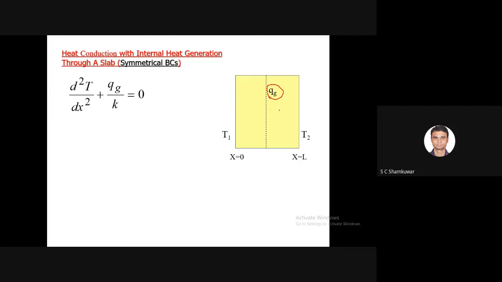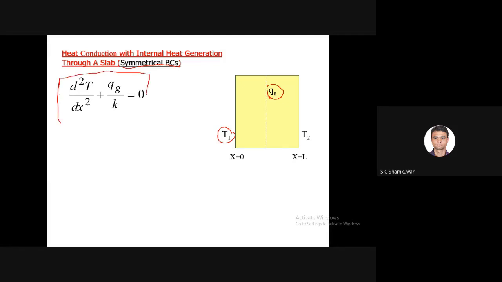Now here internal heat is generated. That is qg. Now we are taking a symmetrical boundary condition, means the temperature remains the same, T1 equal to T2. At x equal to 0, the temperature is T1. At x equal to L, the temperature is T2, T1 equal to T2.